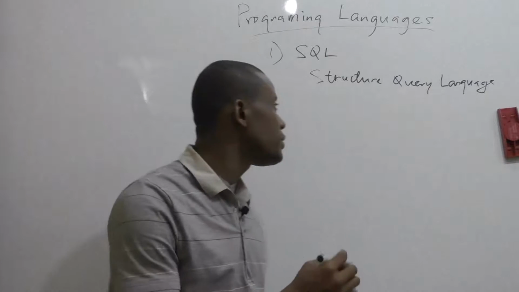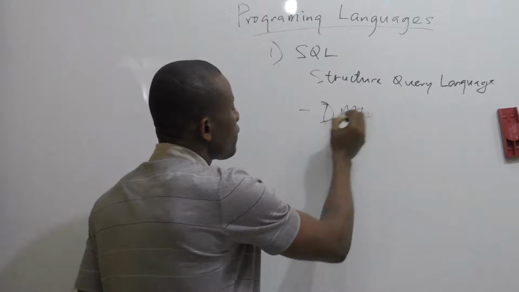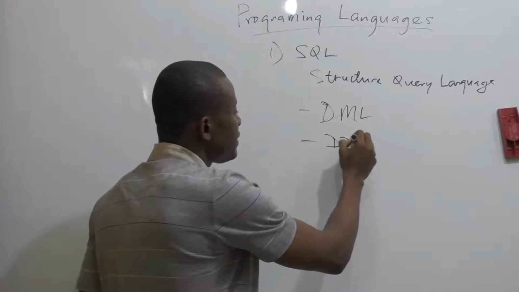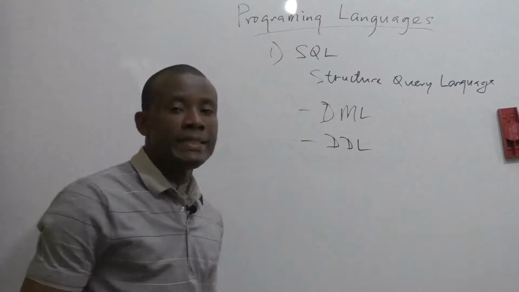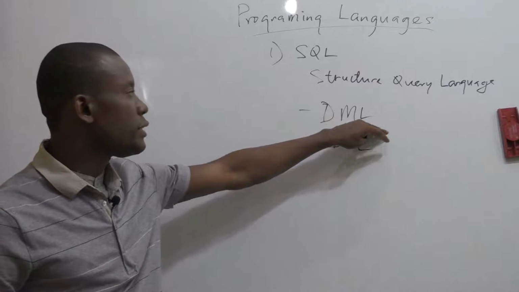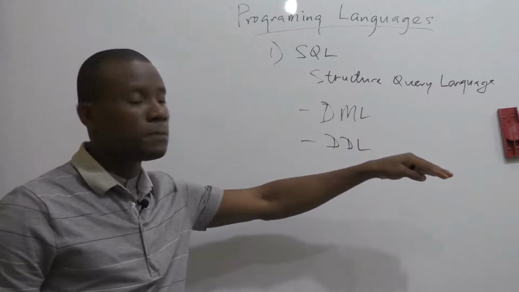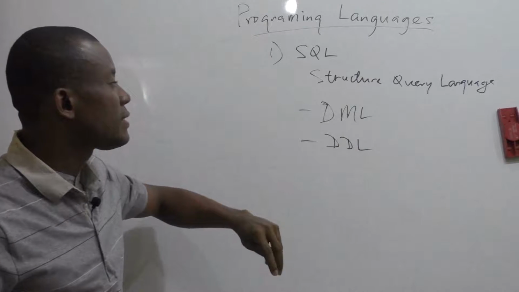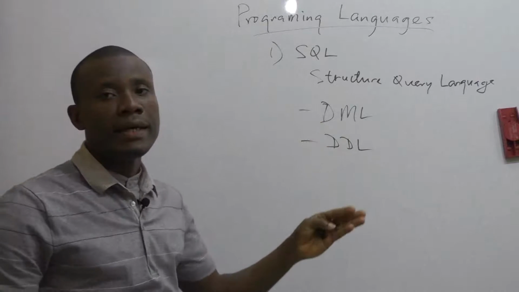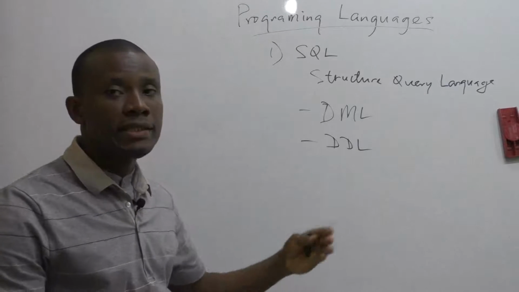But the main ones are DML and DDL. DML stands for Data Manipulation Language, which is a subset of SQL, and DDL stands for Data Definition Language. So you can write a DML query, and you can also write a DDL query.